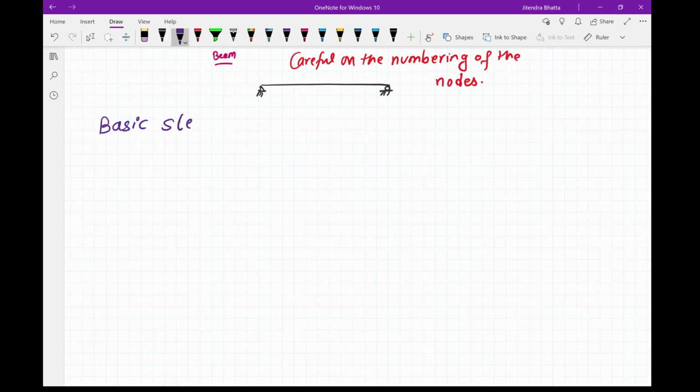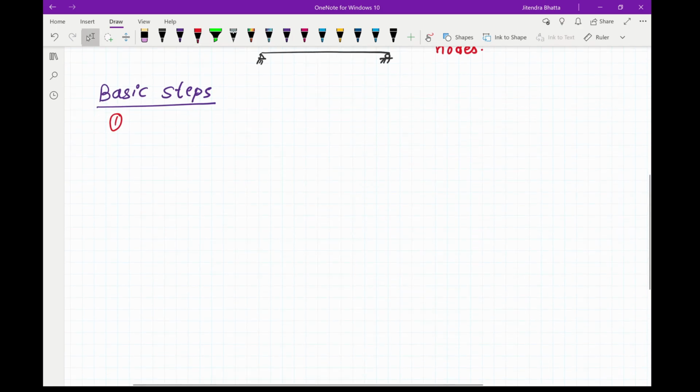So the basic steps involved in the finite element analysis are: number 1, we create a part or element.